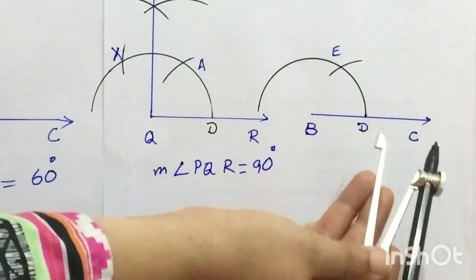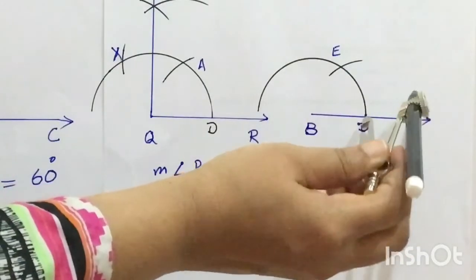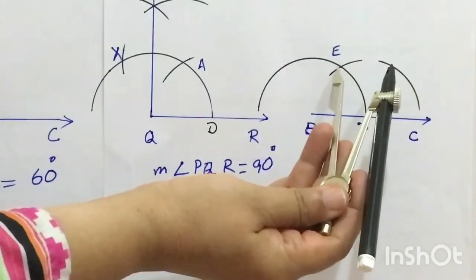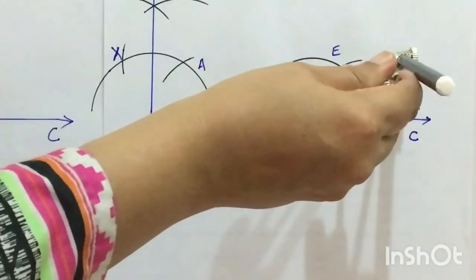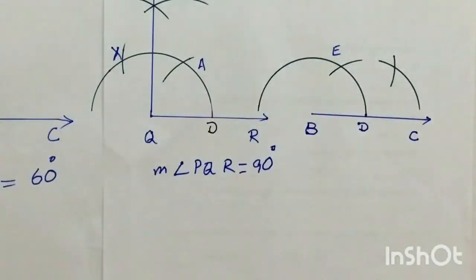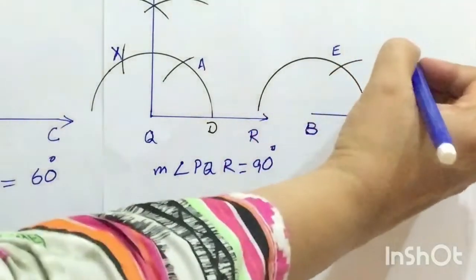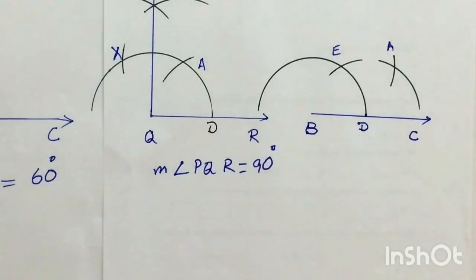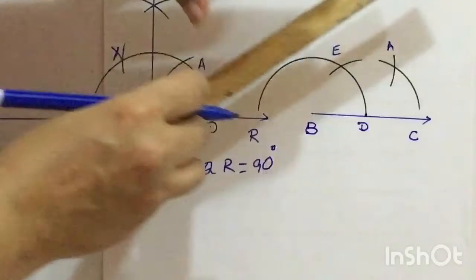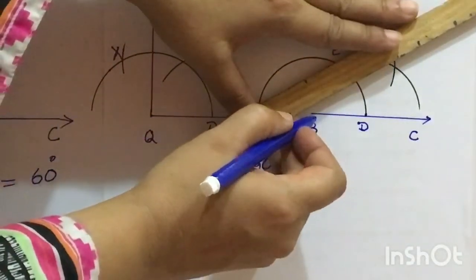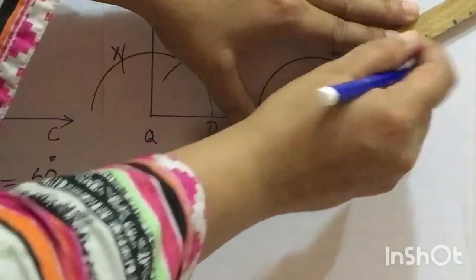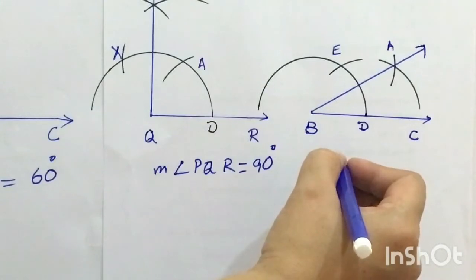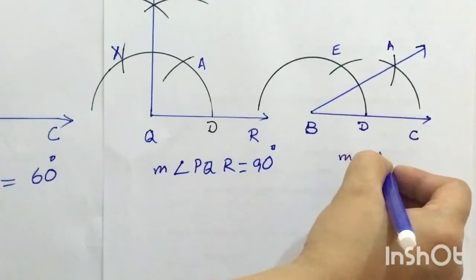For this purpose, I will take the needle of the compass, without changing the width, mark an arc, again with center E, mark another arc which cuts the previous one at point A. Now to get the terminal arm of the angle of 30 degrees, I will join B to A. You see, angle ABC is formed with measurement 30 degrees.